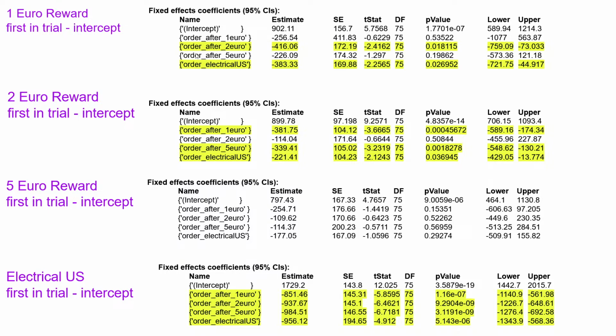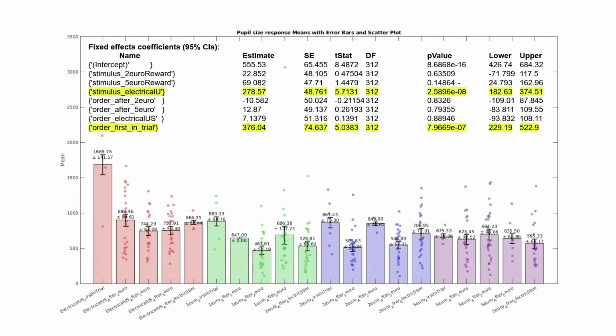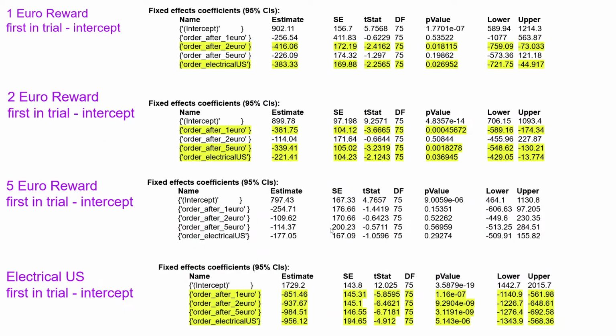Okay, €1 after €2. Okay, let's show €5, for example. There are a few times when €5 was first in trial, but there were a lot of times when the €5 was after €2.